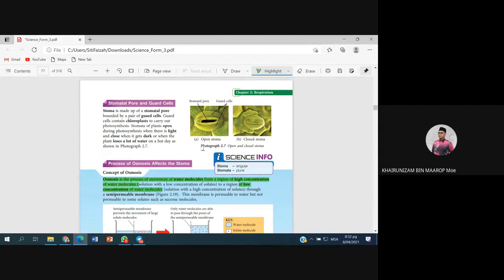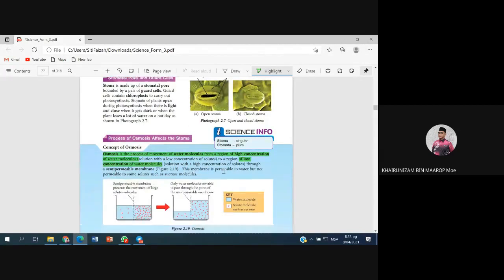Proses osmosis adalah proses pergerakan molekul air dari kepekatan tinggi ke kepekatan rendah. So maksudnya ada keluar air dari sinilah in form of water vapor. So this is the osmosis.